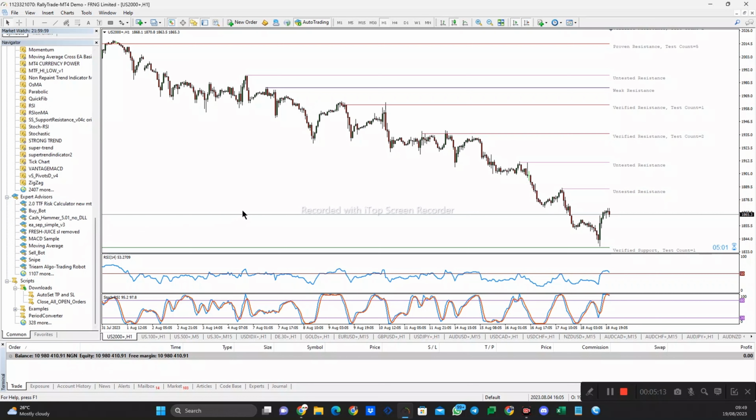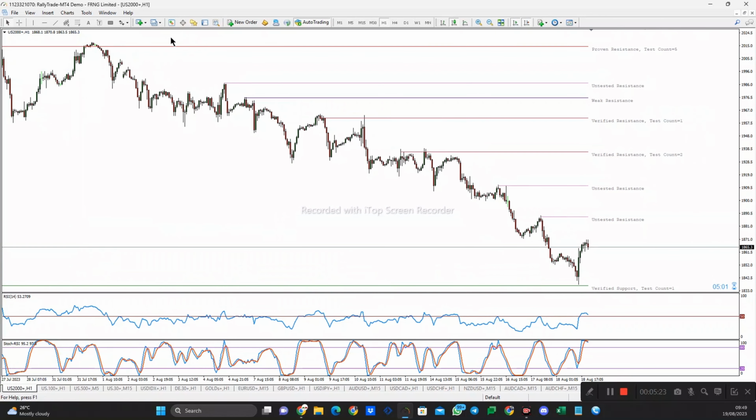And once that happens, you can't really do much because it's taking too much of your chart space. So what you want to do is take them out, so that you can view the chart properly. Now the first thing I want to do, like I said, is that I'm working with two time frames.